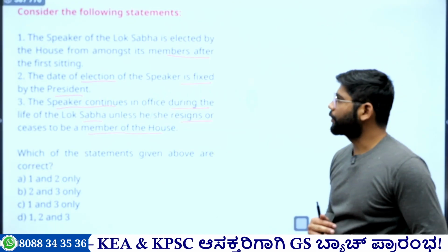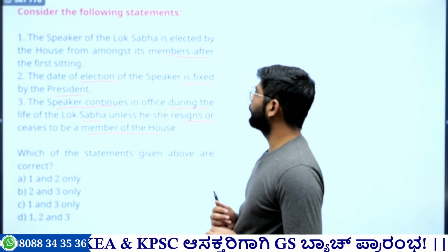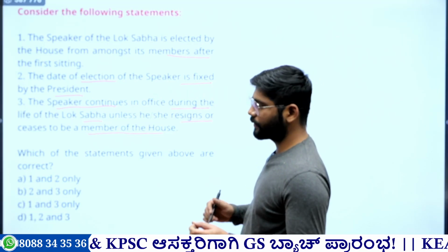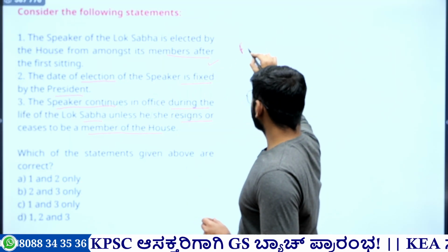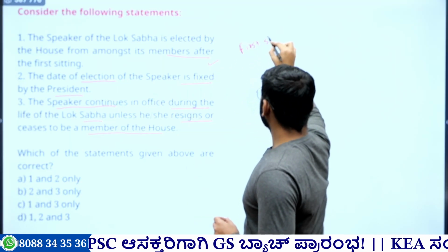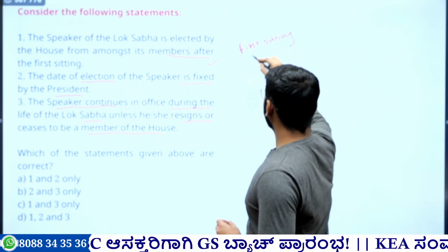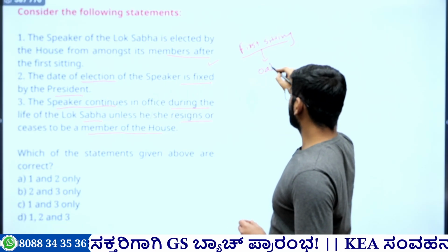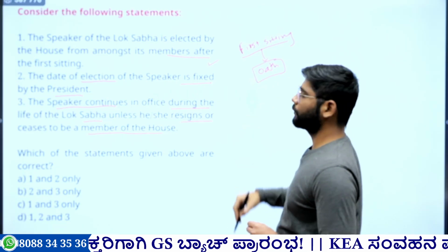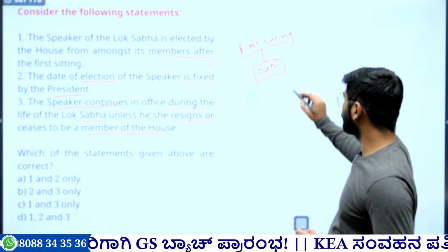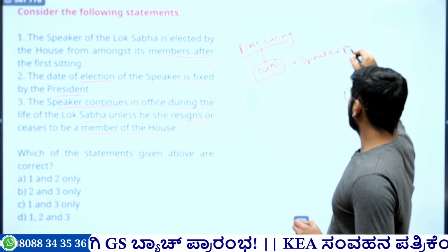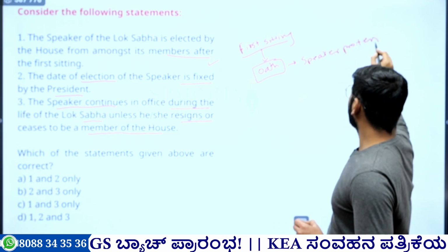Okay, so first statement, the speaker of the Lok Sabha is elected by the house from amongst its members after the first sitting. Yes, because in the first sitting of Lok Sabha, all the members will be given the oath. And who will give this oath? The speaker pro tem. And who will be this person?